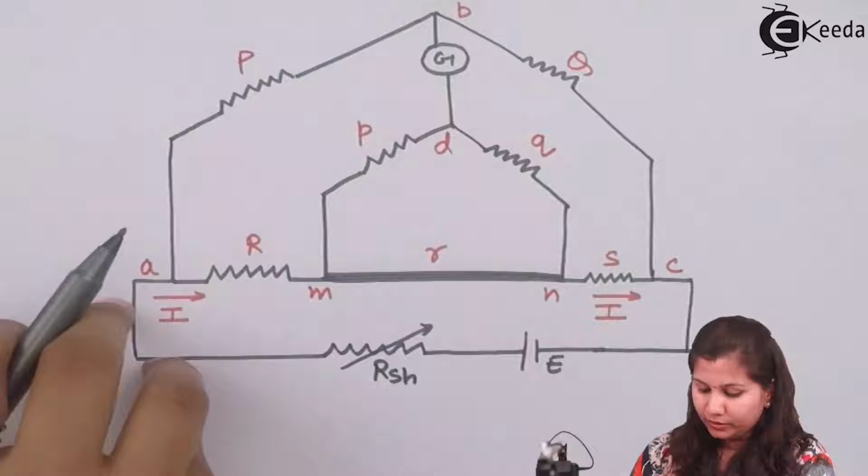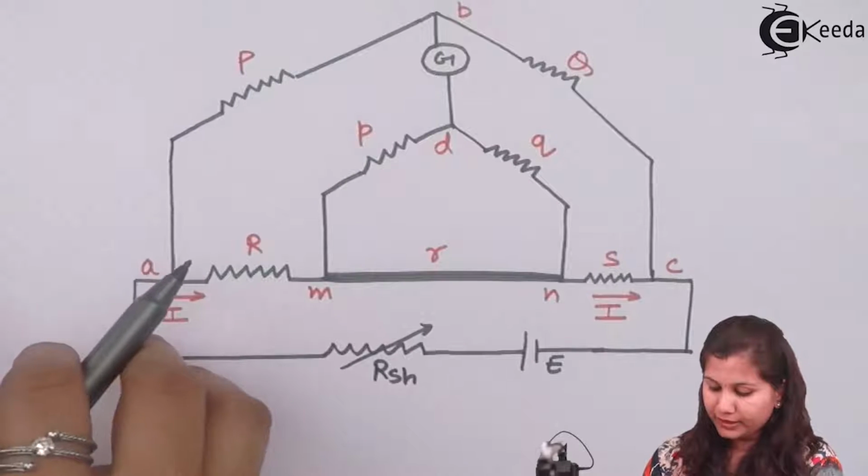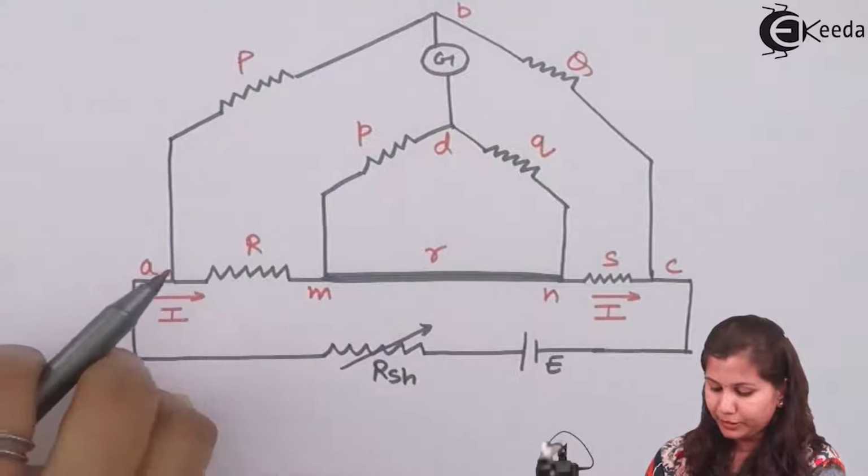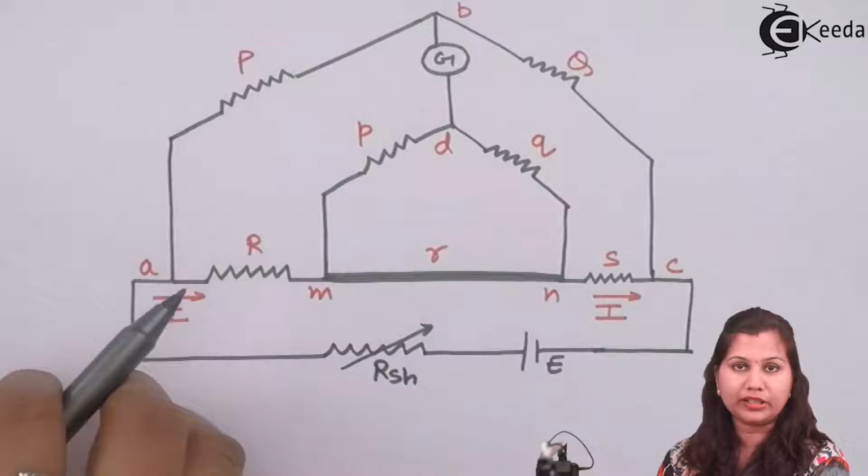Now the working principle for this bridge is the same as the Wheatstone bridge. We want to find a point where the galvanometer gives us a null deflection.